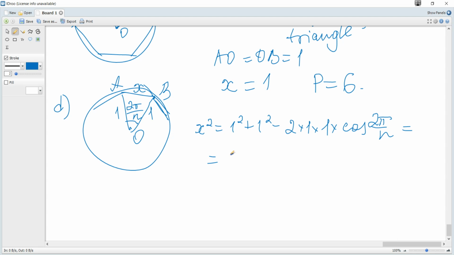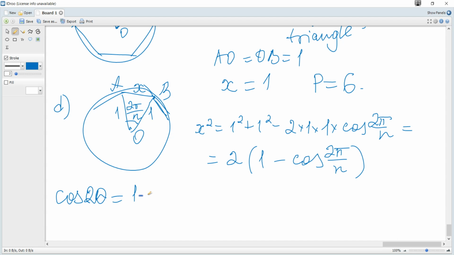So we can factor out 2 firstly: 2 multiplied by 1 minus cosine of 2 pi over n, and to get it in terms of sine, we can apply the double angle formula, and it says that cosine of 2 theta is 1 minus 2 sine squared theta.